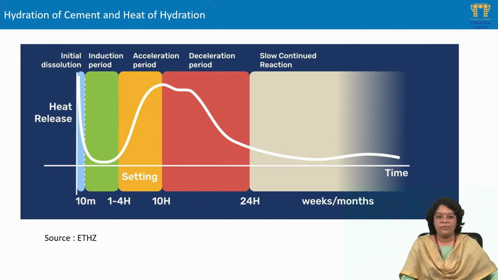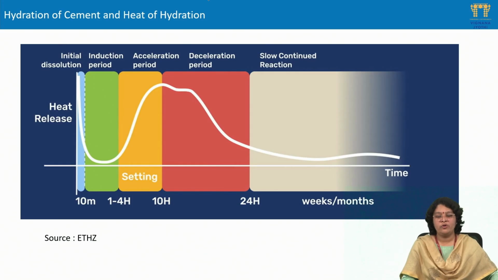So in 10 minutes we could see the whole induction stage is completed, after which it proceeds to the dormant period, and after which it transfers into an acceleration period, as said, due to the formation of CSH gel when C3S and C2S react with the water.